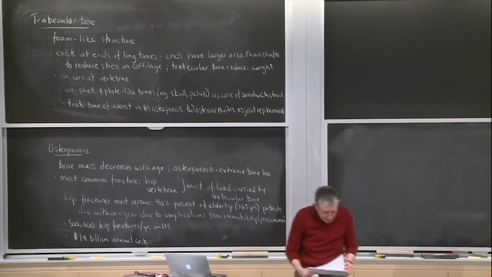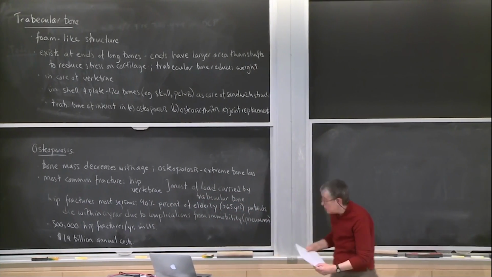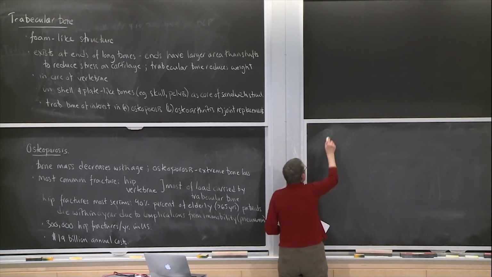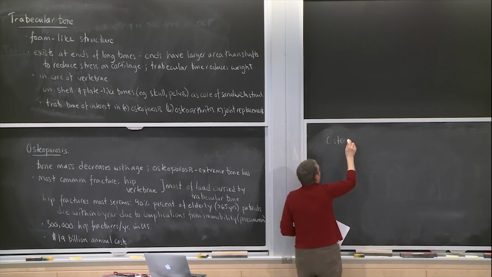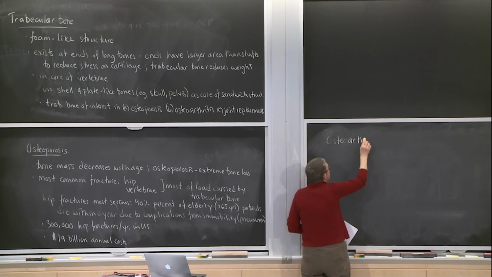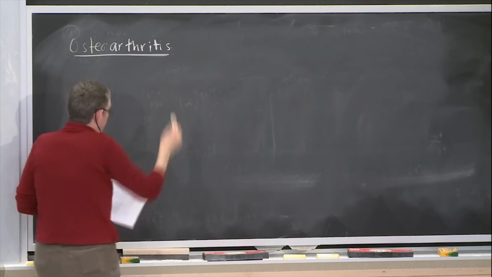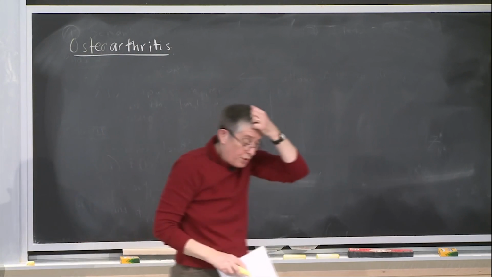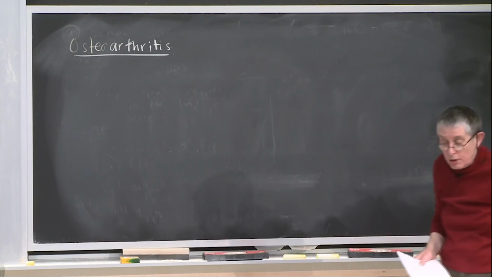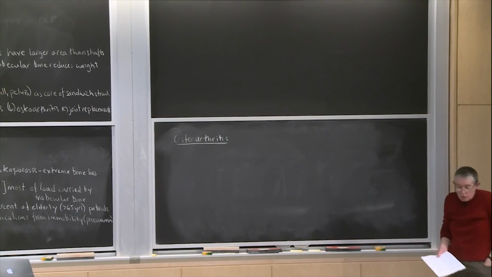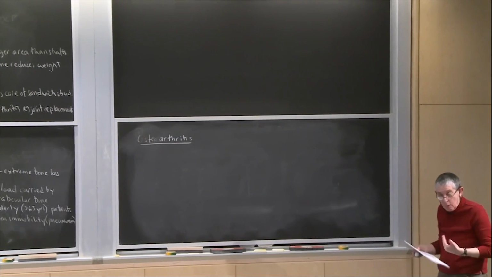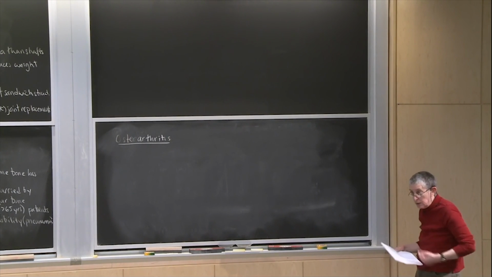So that's a little introduction to osteoporosis. The next issue that people are interested in is osteoarthritis. In osteoarthritis, there's a degradation of cartilage at the joints, and the stress on the cartilage is affected by the modulus of the bone that presses against the cartilage.